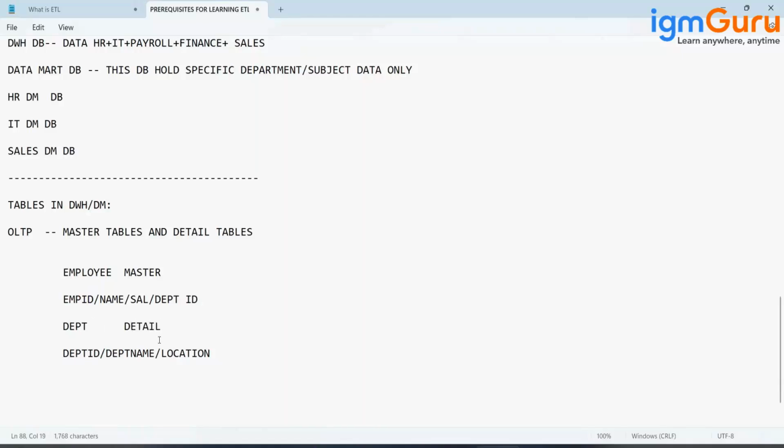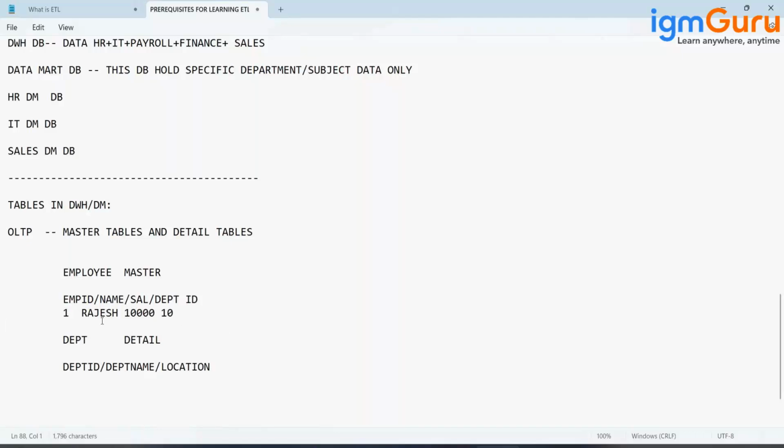That is the type of tables I use as part of my relational or transactional databases: master and detail. Let's say I have employee ID 1, employee name Rajesh, some salary, and department ID 10.